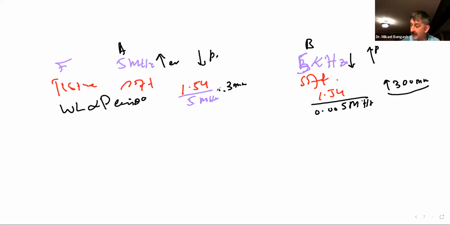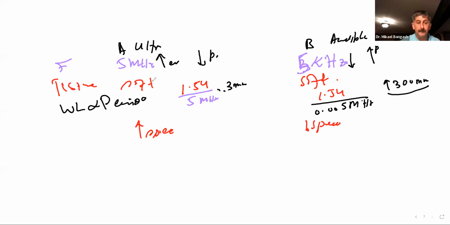The ultrasound wave travels much faster than the audible wave. Now just keep in mind, this 5 kilohertz was the audible wave. This one here is the ultrasound. Now they may ask, is this ultrasound traveling at a greater speed than this one here?